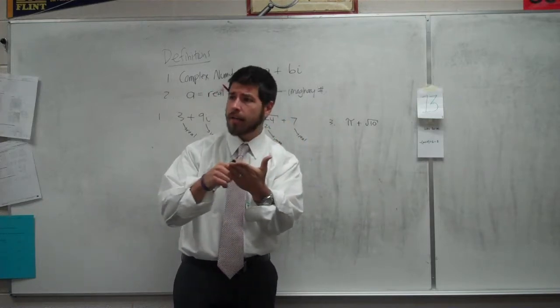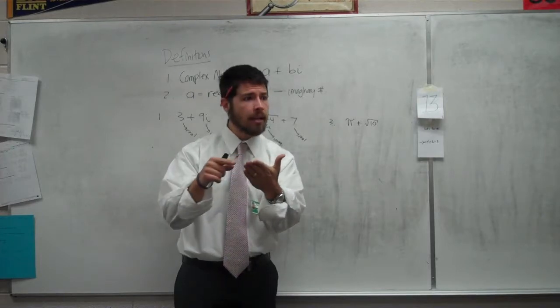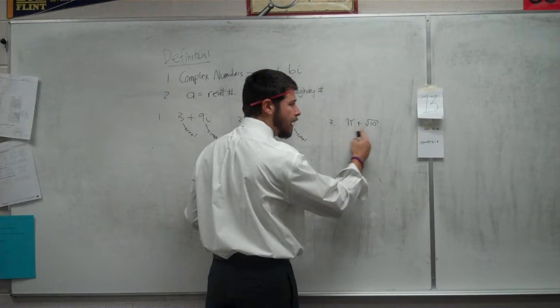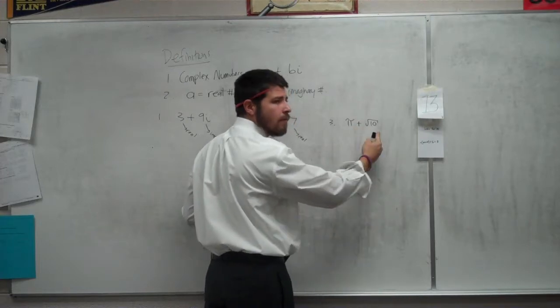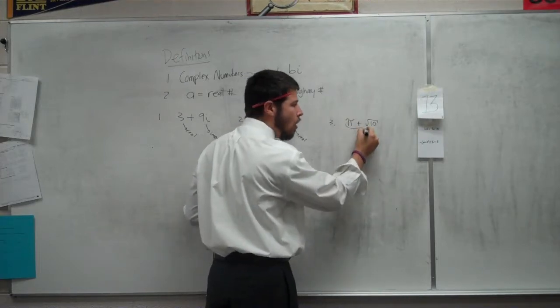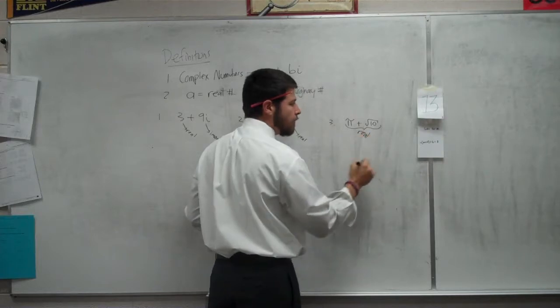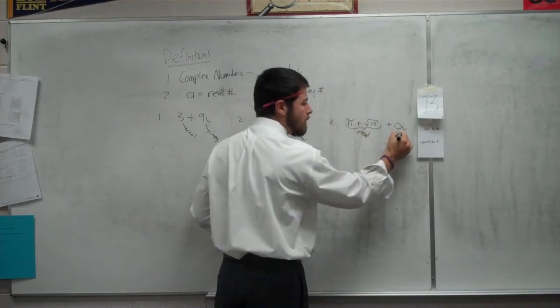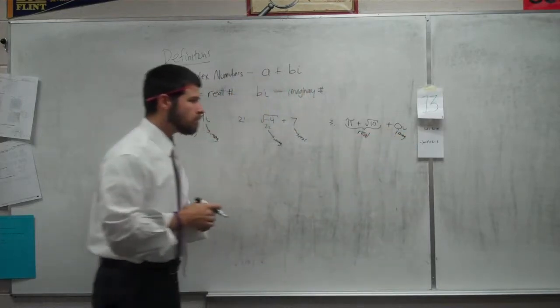You can type that in your calculator, and since I can type it in my calculator, that would be a real number. Do I have anything imaginary here? No. I don't have a square root of a negative, and I don't have an i. So this whole number right here is real. And at the end, technically, I could put 0i. This would be my imaginary part.